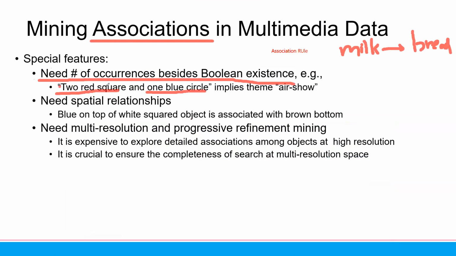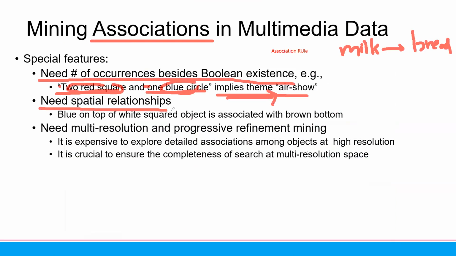So if I have these 2 properties, does it imply ratio? Okay, so we can make the association. So if this item set 2 red square and 1 blue circle implies ratio. What is the support and what is the confidence?